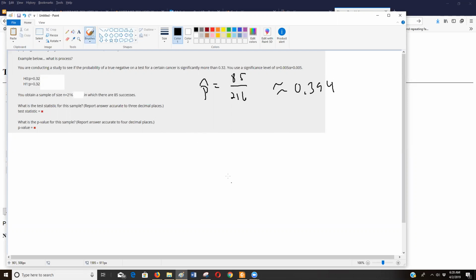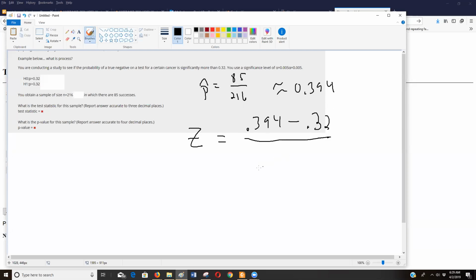To do this by hand, what you've got to remember is we're going to do a z-score, because we want a one proportion z-test. We need a z-score as my test statistic. So my sample proportion is 0.394. I'm trying to test it against the hypothesized center of 0.32.